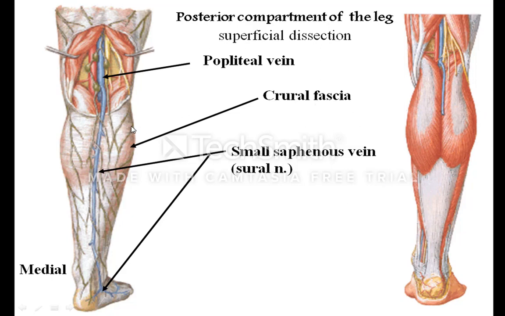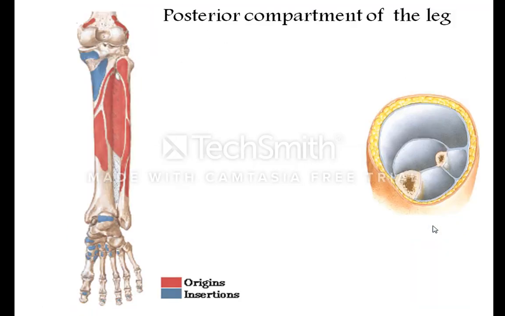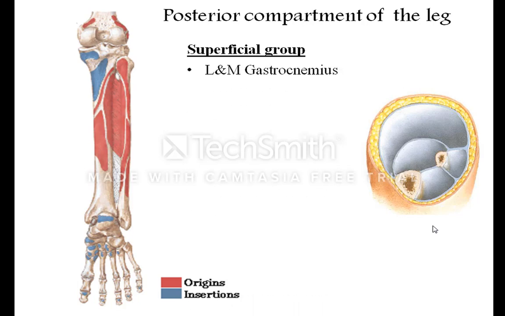The fascia covering here is the crural fascia, and here this is the Achilles tendon. So the posterior compartment of the leg is made of a superficial group, which includes the lateral and medial head of the gastrocnemius muscle, the soleus muscle, and the plantaris muscle.